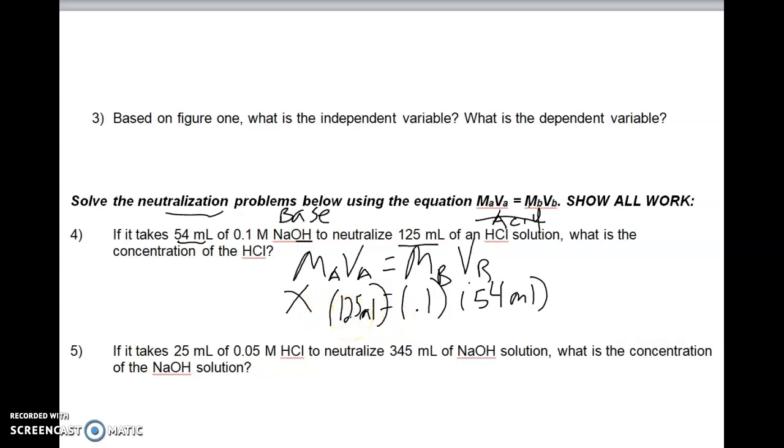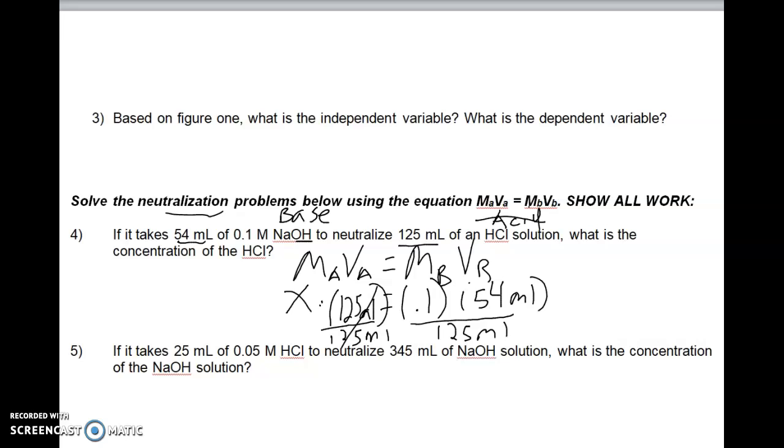So to solve for X, you want to move this 125 milliliters to the other side. Because it's being multiplied by X here, I'm going to divide it. Always do the opposite sign. So I divide it on both sides. Then you can just plug into your calculator 0.1 times, because it's M times V, 0.1 times 54 divided by 125.